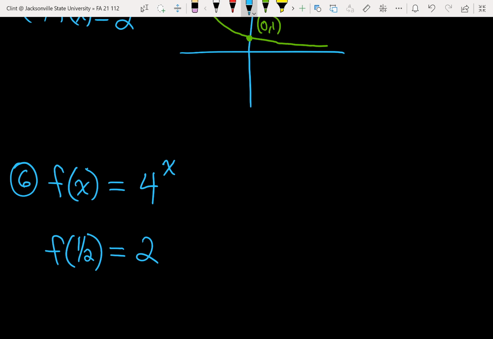The reason why I knew that one is that would be 4 to the 1/2 power, which is the same as the square root of 4, but you can just punch it in the calculator on those. Not a whole lot to talk about on that one, I don't think. Anybody think of a question on those calculator ones?